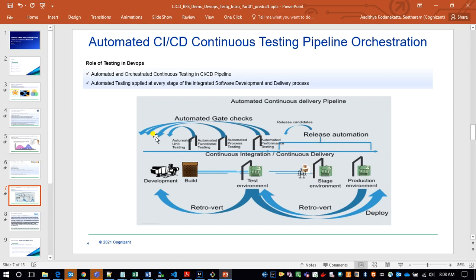You can see in this diagram automated unit testing, automated functional testing, automated process testing, automated performance testing, at each stage an automated testing, and everything seamlessly built into and orchestrated in a continuous delivery pipeline. So that's the kind of vision or expectation of enterprise DevOps and testing.